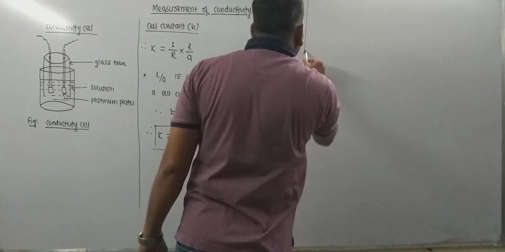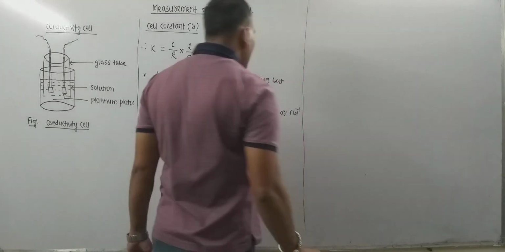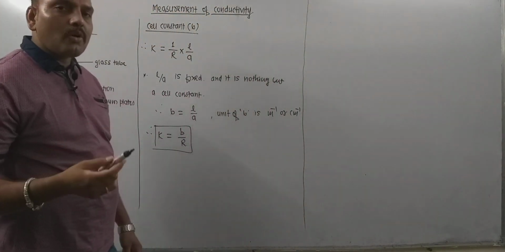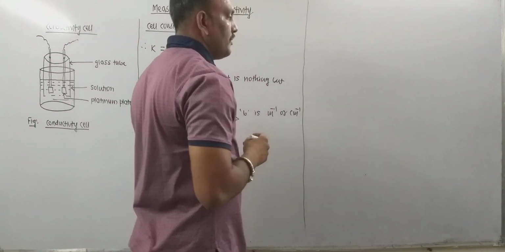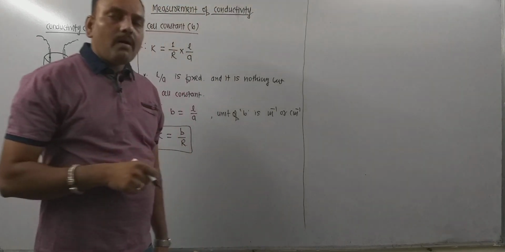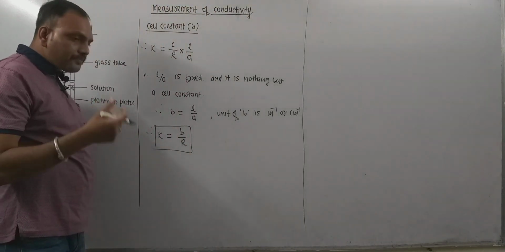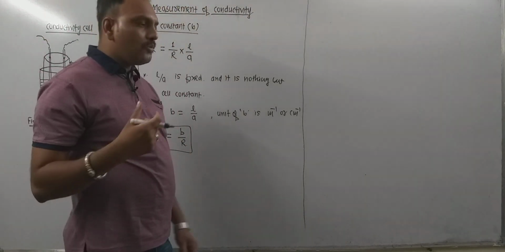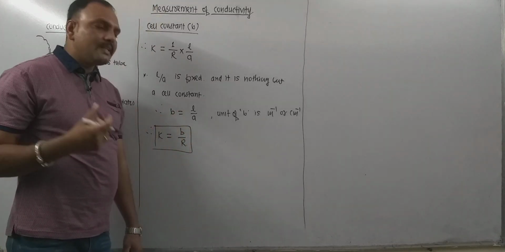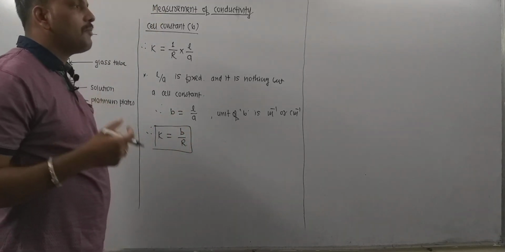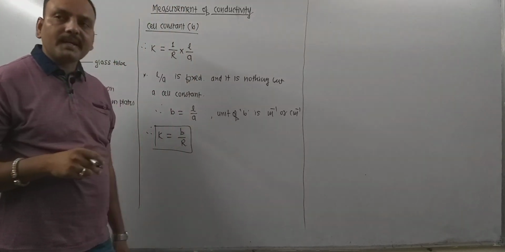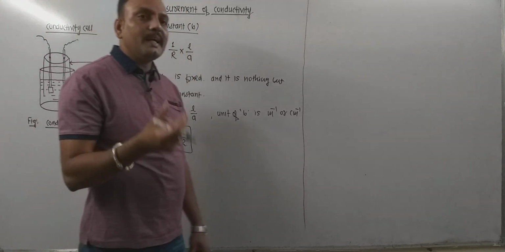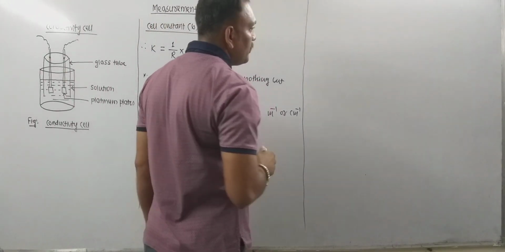Now a crucial thing, we must know the resistance of the electrolyte. In order to know the resistance, we need to determine the cell constant first of all. So the cell constant can be determined by determining resistance itself.